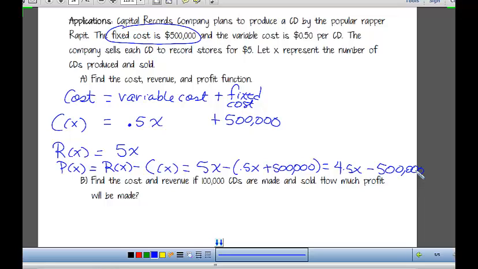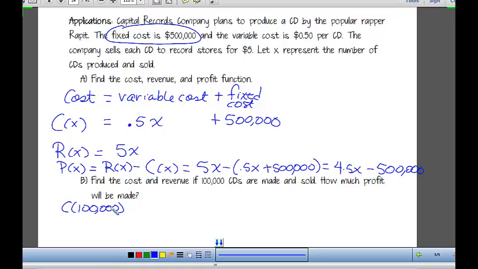Okay, good. All right, part B says find the cost and revenue if 100,000 CDs are made and sold. How much profit will be made? Okay, so if we want to find the cost, we're going to look at C of 100,000.